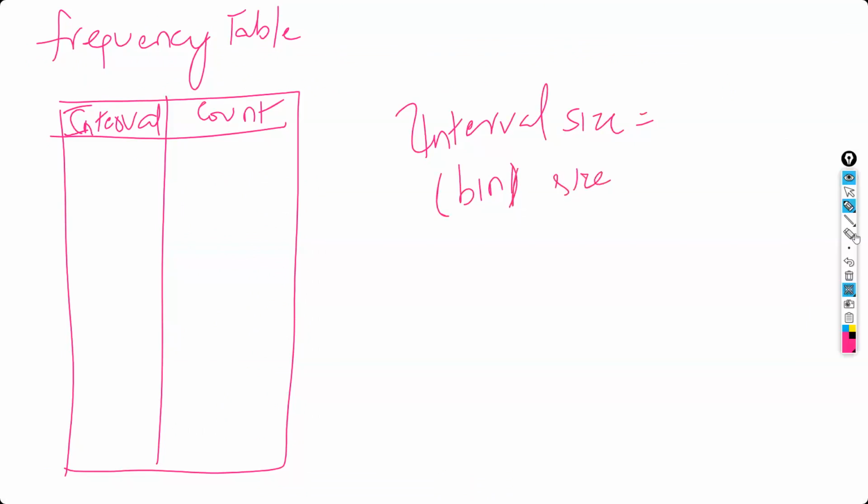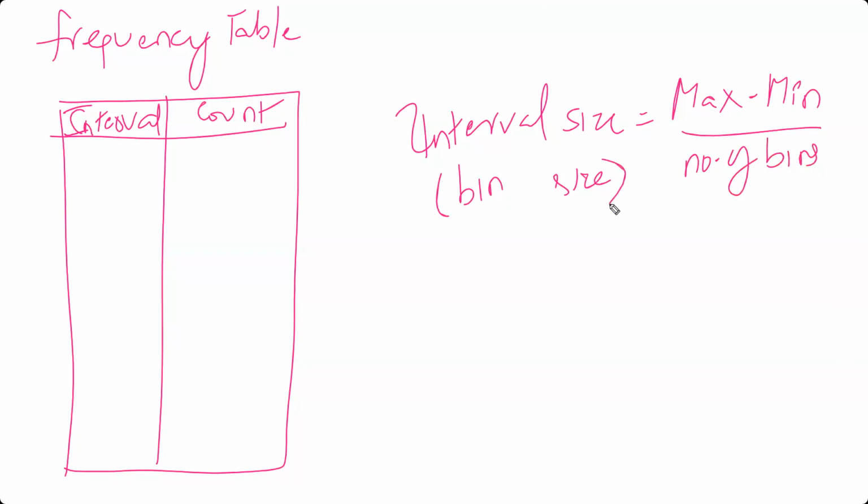It is nothing but the maximum value minus the minimum value, divided by the number of bins, meaning how many bins you want in total. If you fix the size, the number of bins will be calculated. If you fix the number of bins, the interval will be calculated.